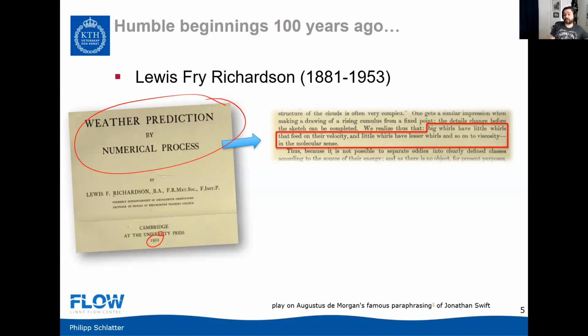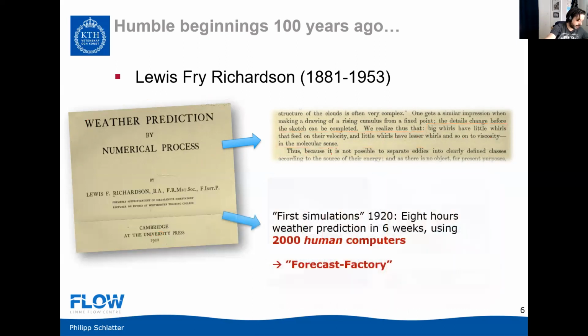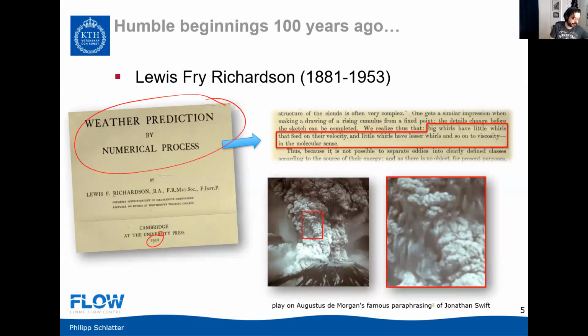So that's essentially the turbulent cascade that we all know about these days. But I have these pictures here which illustrate a little bit how this turbulent cascade would go on. If you zoom in, it looks all the same, it just gets smaller and smaller up to a certain point when viscosity happens.